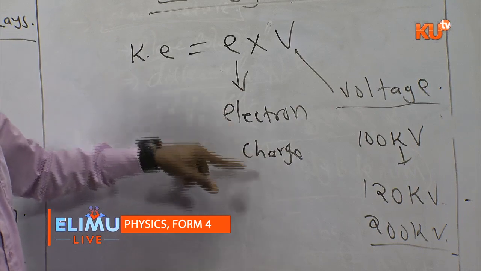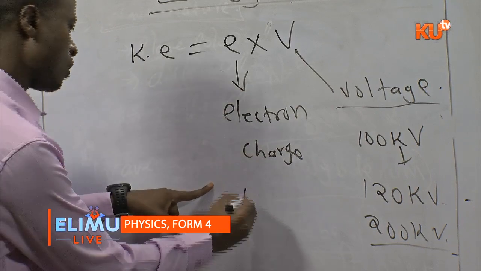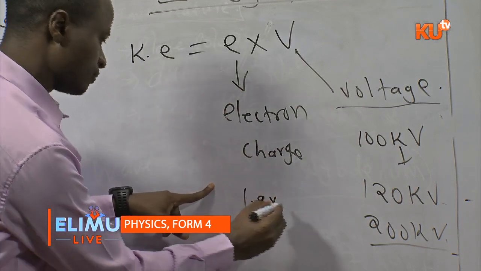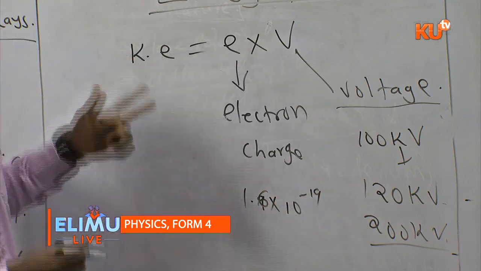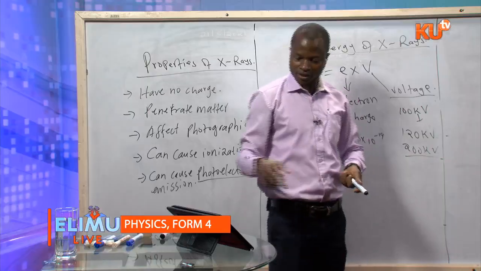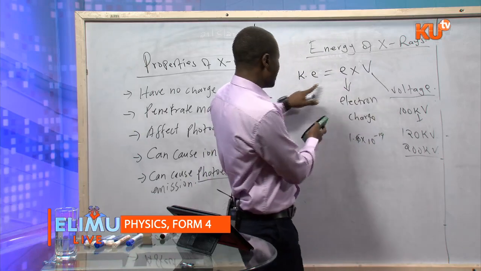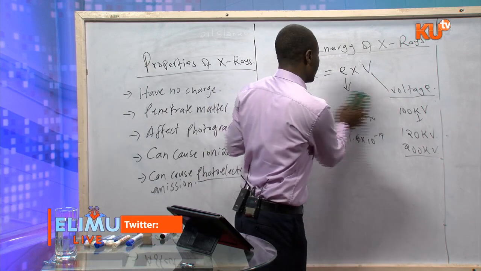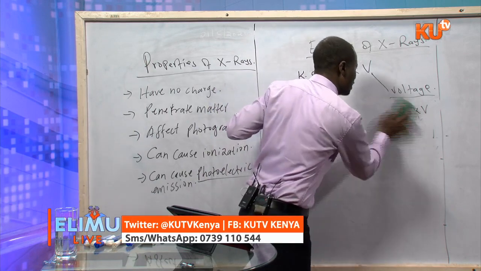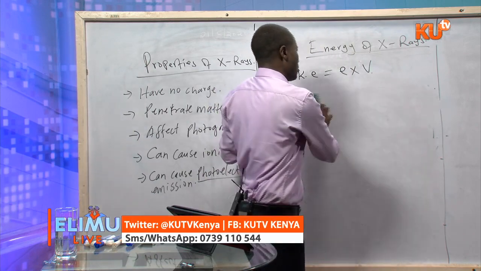Then e is the electron charge, which is usually 1.6 times 10 power negative 19. Therefore, the kinetic energy of the electron, which is Ke, is equivalent to what? The charge of an electron times the accelerating potential.